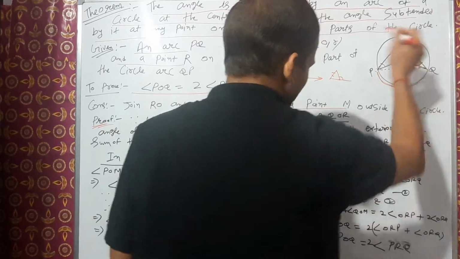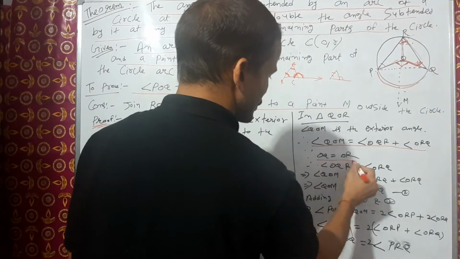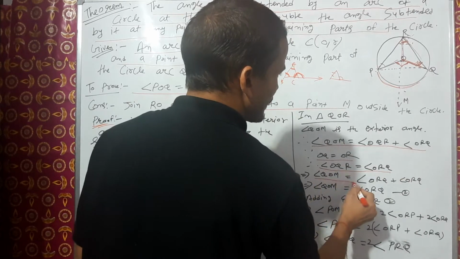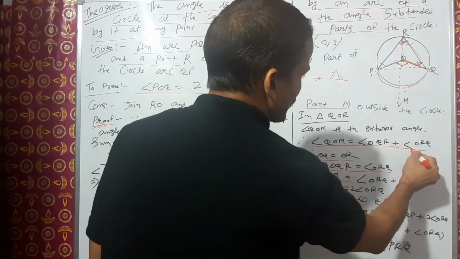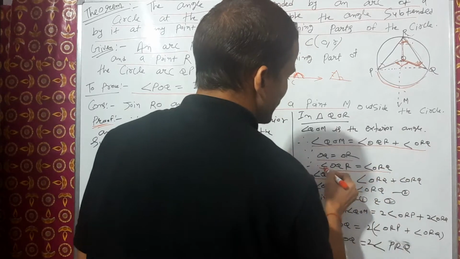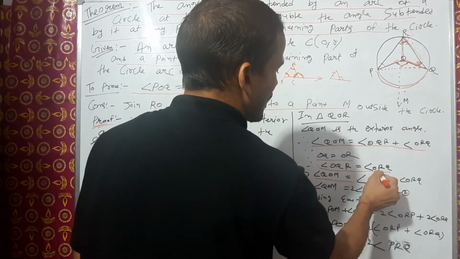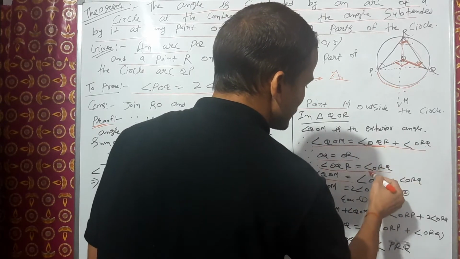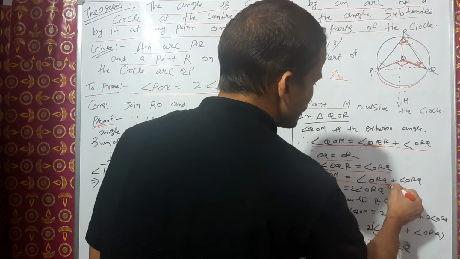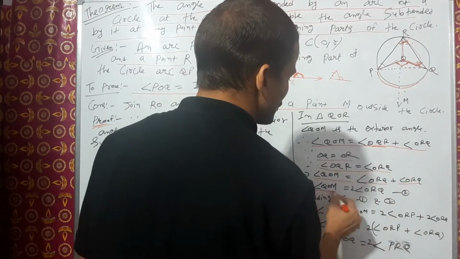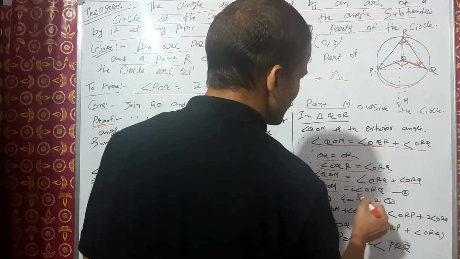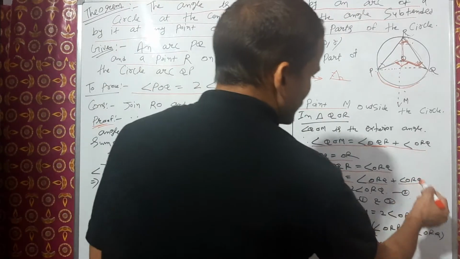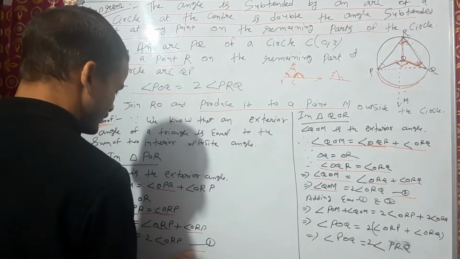So OQR is equal to ORQ, and QOM is equal to OQR plus ORQ. Because OQR is equal to ORQ, we write ORQ and ORQ, and QOM is equal to 2 ORQ. Equation number 2. This is equation number 2 and this is equation number 1.